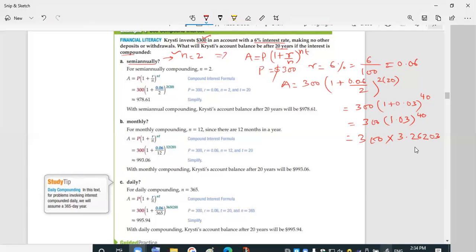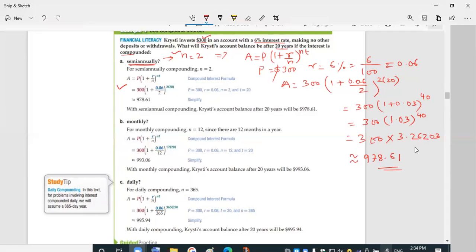So we are getting 978.61 dollars. So this is the amount when we are taking semi-annually.